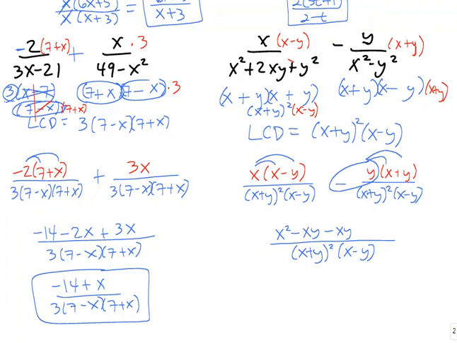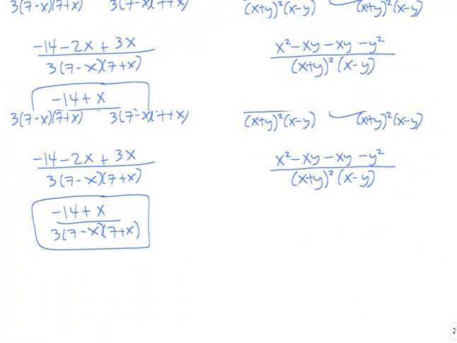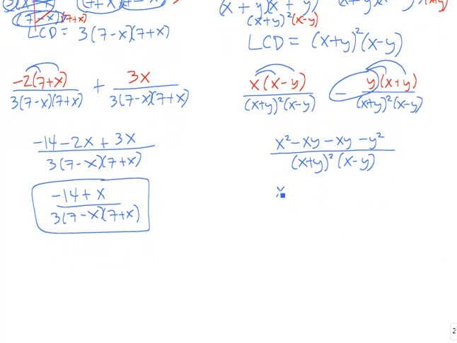And then negative y times y is negative y squared. We have a couple like terms there. So if I combine them, I'm going to have x squared minus 2xy minus y squared, all over x plus y quantity squared times x minus y.